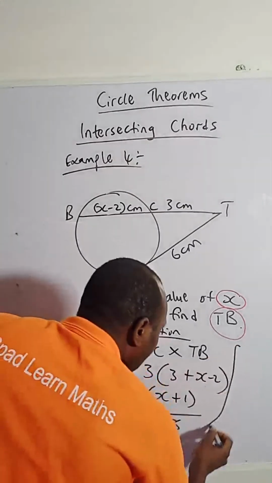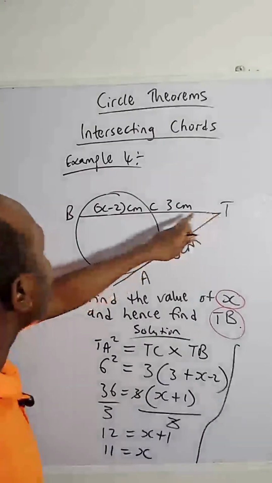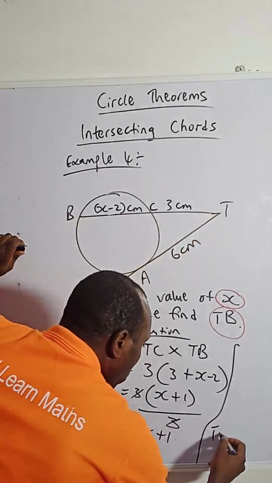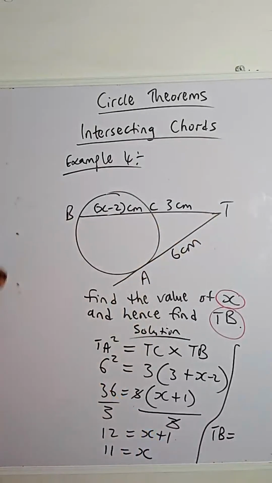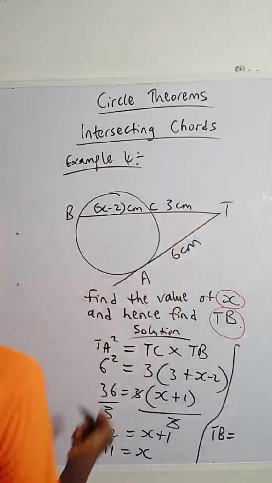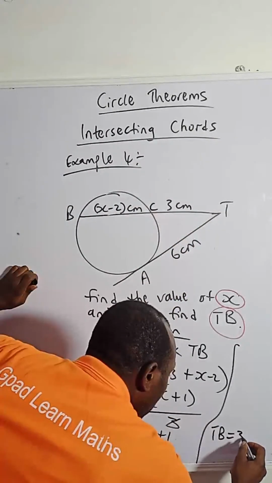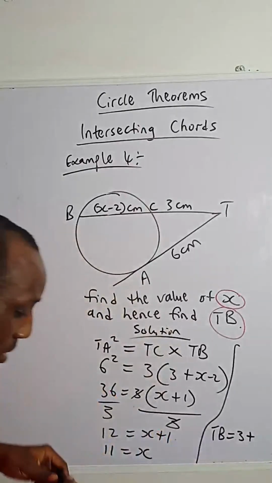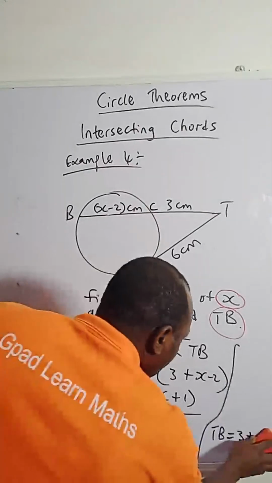Now, if x is 11, what about TB? TB will be equal to 3 plus what? x minus 2. I'll write it up here. I don't know whether you can see what I'm writing.